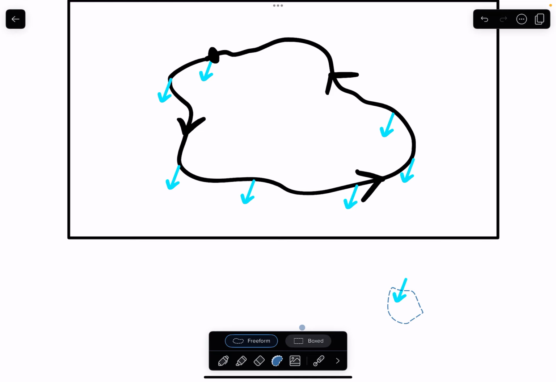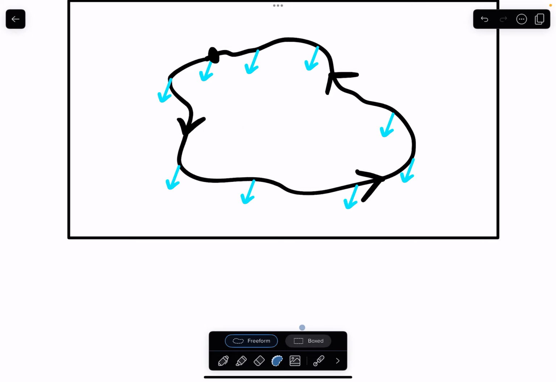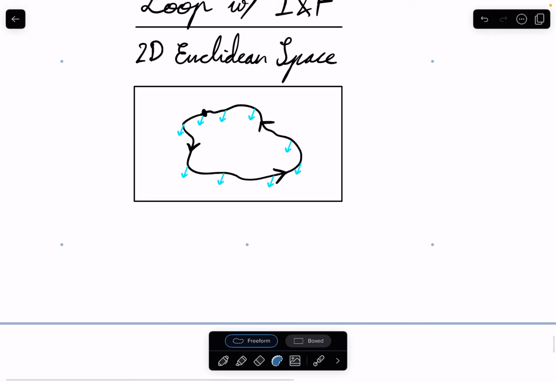And keep transporting it. You can see that it comes back to itself. So the loop can be curved, but the space itself is flat. So the vector as it's transported around this loop stays the same.